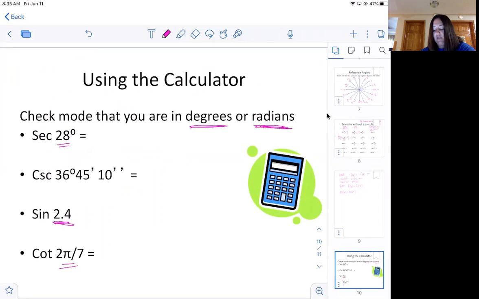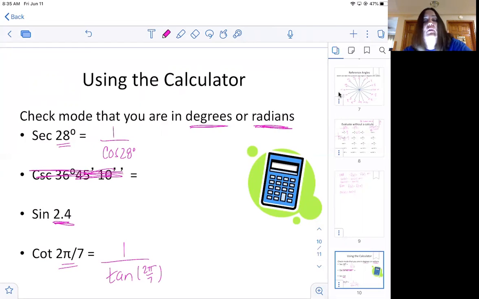If you have cotangent, remember that's equivalent to 1 over the tangent of that same angle. So cotangent isn't a function on the calculator, so you'll have to type it in that way. Same thing here, 1 over the cosine of 28. You have not done degrees, minutes, seconds, so you won't have to really worry about that.